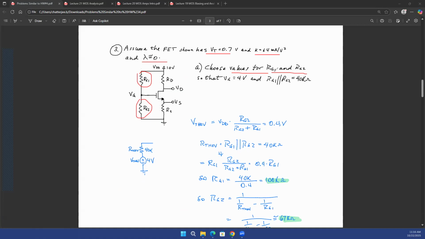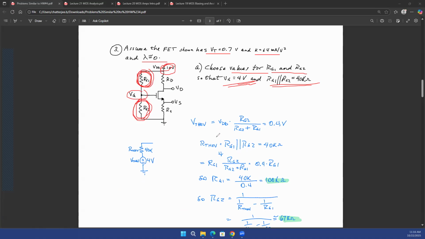All right, so you want to find out RG1 and RG2 so that VG is equal to 4 volts and RG1 in parallel with RG2 is equal to 40 kilo ohms. So of course, this is given to be 10 volts. Now that you want to have VG equal to 4 volts, you know that 60% of the resistance will be in RG1 and 40% will be in RG2. So that 60% voltage drop happens across RG1, that is 6 volts, and a 4 volt drop happens across RG2, totaling this 10 volts, right?